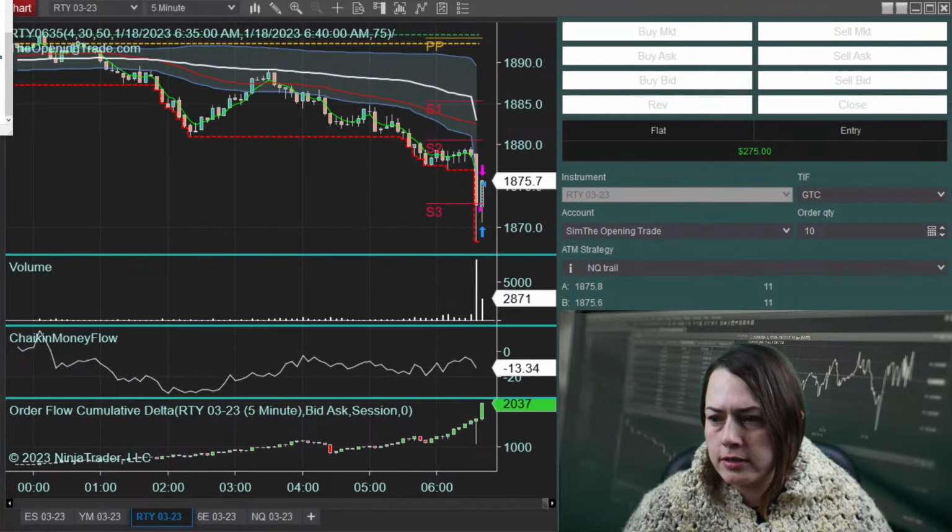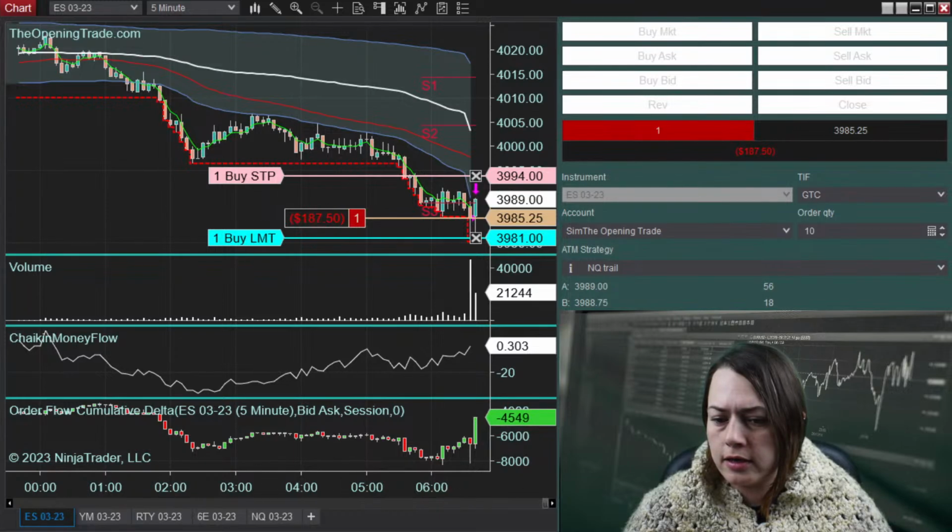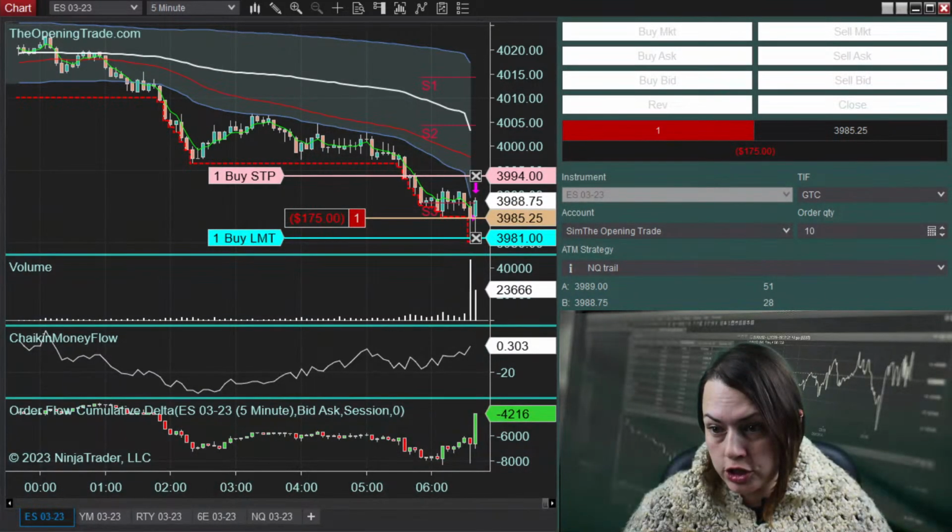So we saw a loss on the RTY. We're still in the S&P 500. And it is not looking great. We're hoping for it to go the other direction.